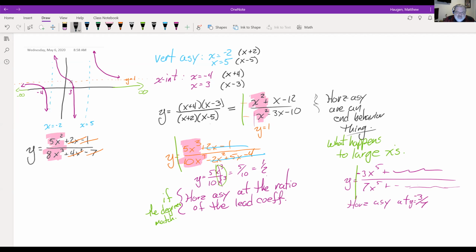So what's going to happen to 5x squared over 8x to the third for large x values? Well, let's use our examples here. We were using x equals 100. At x equals 100, 100 squared is 10,000. That numerator becomes 50,000. And 100 to the third power is 1,000,000.